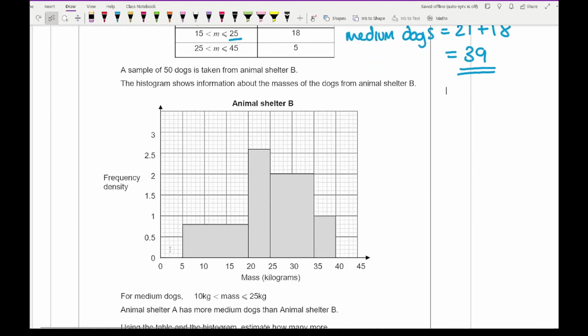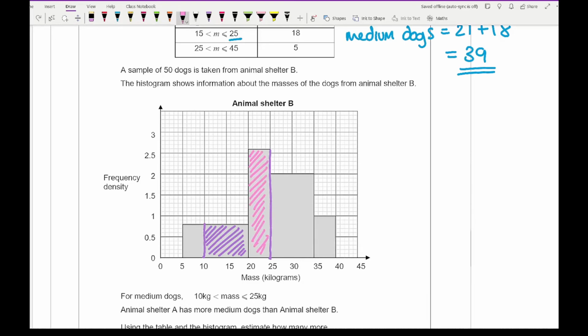Then for shelter B, I need to work out, I draw a line at 10, I draw a line at 25, and what I'm wanting is the area between that region there. So I'm wanting the area of this and the area of this bar here.